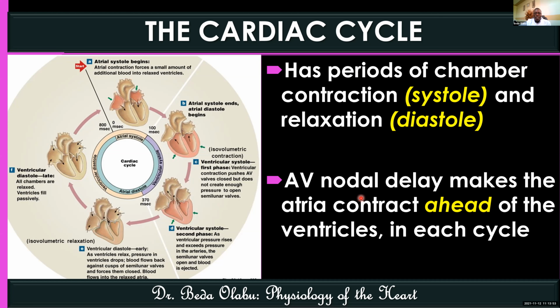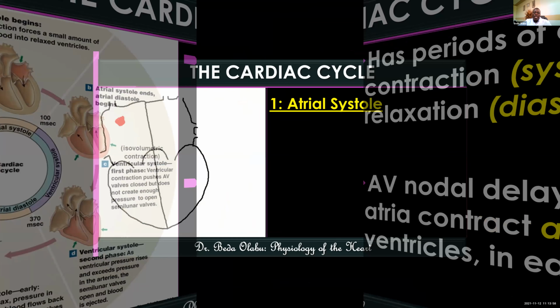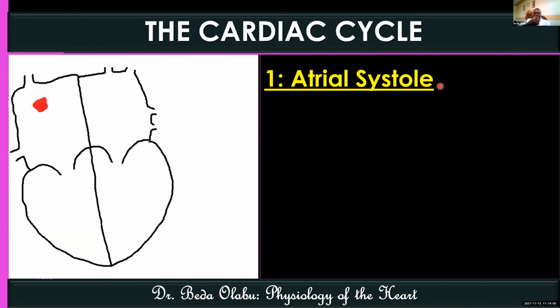Let's begin with the first phase. The first phase is what we call atrial systole, which means atrial contraction. Let's explain it this way. Sinoatrial node generates impulses, fine. So I'm starting with the electrical event so that we can understand the mechanical event. When the sinoatrial node generates impulses, those impulses travel to the AV node and also to the left atrium.